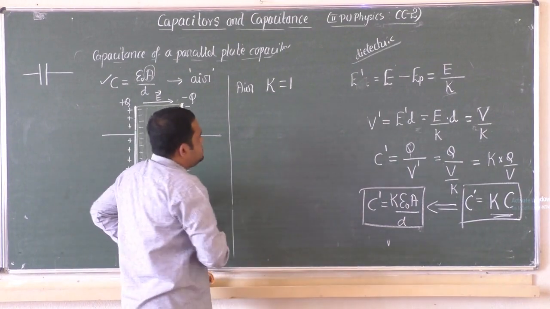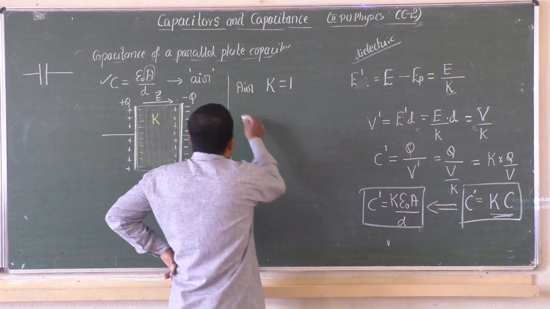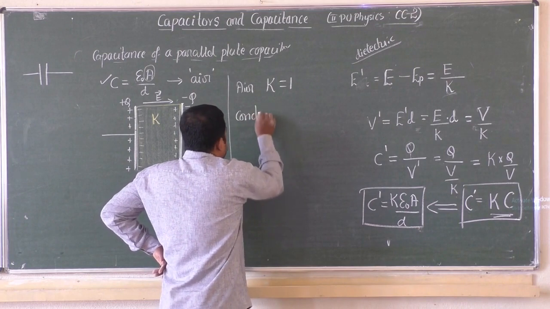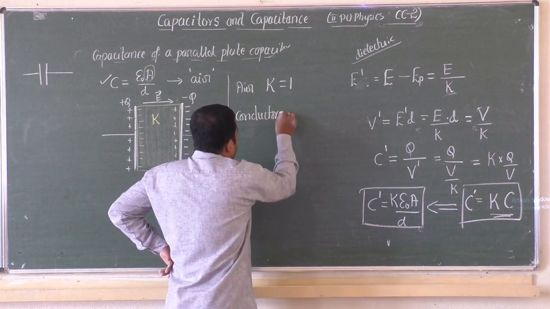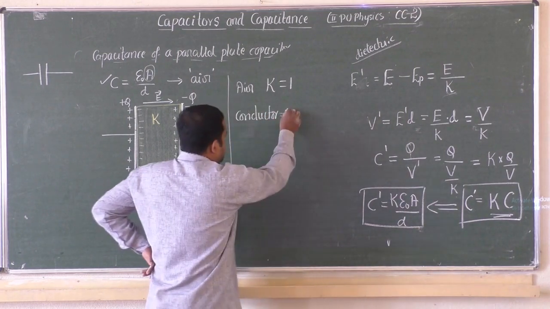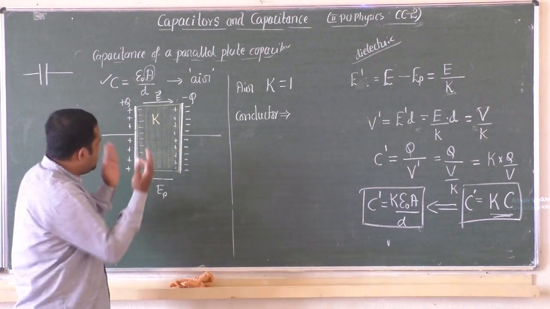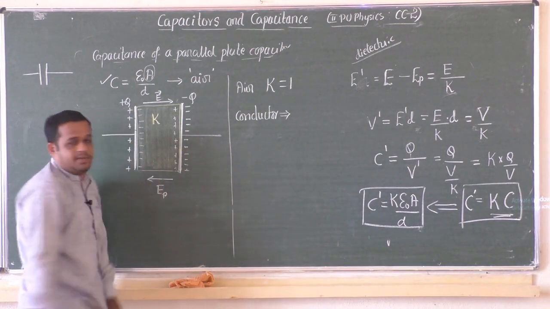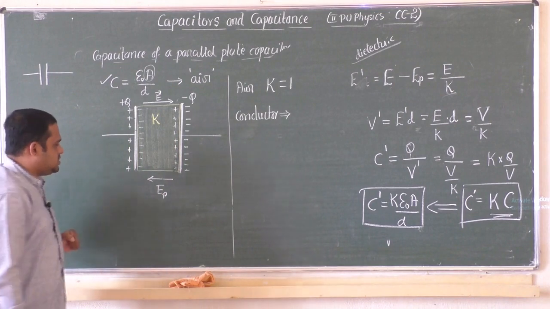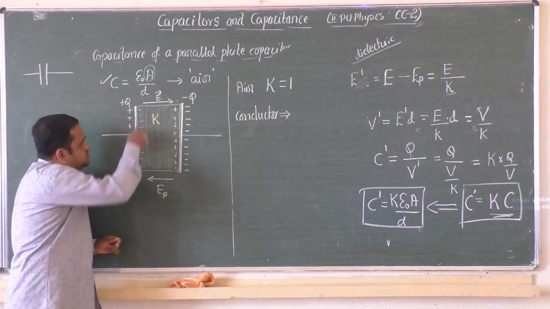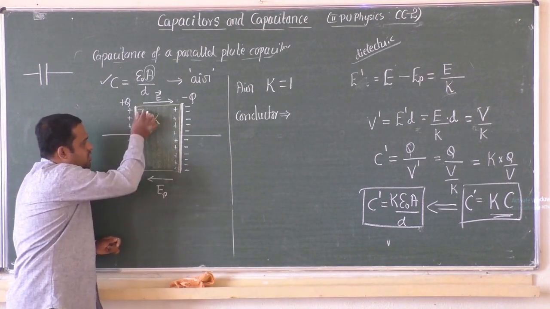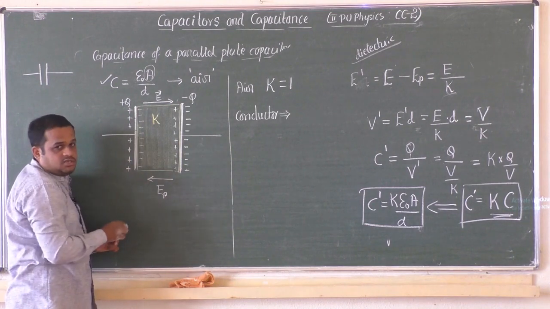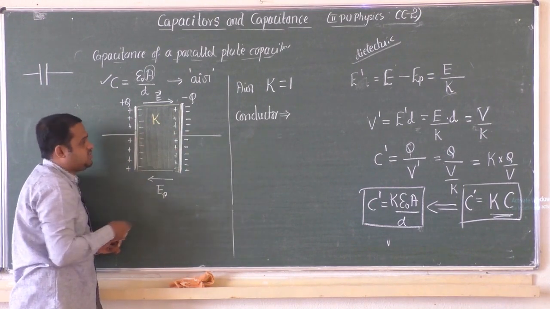Similarly, if you consider the case of a conductor, instead of a dielectric medium, if you introduce a conducting slab between the plates of the capacitor, in case of a conductor also this condition arises: accumulation of negative and positive charges on two surfaces of the conductor.